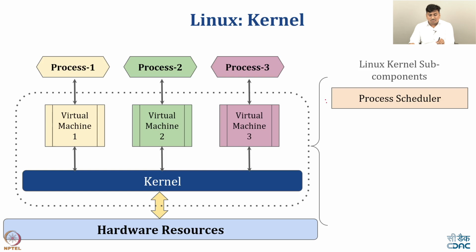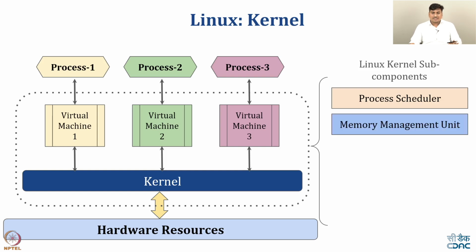Very first is the process scheduler, which is responsible for managing process related tasks like switching of the process, managing the process IDs and everything, allocation of resources to that particular process, deallocation and so many things, right. Then there is the memory management unit, which is also a subcomponent of the kernel, responsible for managing the memory related tasks.